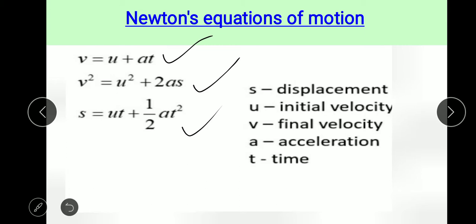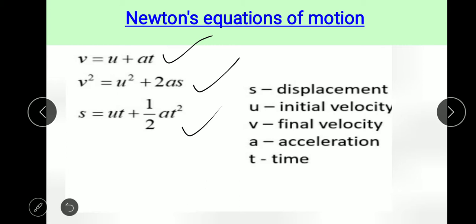These three equations are going to be with you till you study science in your future, especially when you take physics after 11th, 12th. A lot of use is there, so make sure that you learn these three formulas, students.